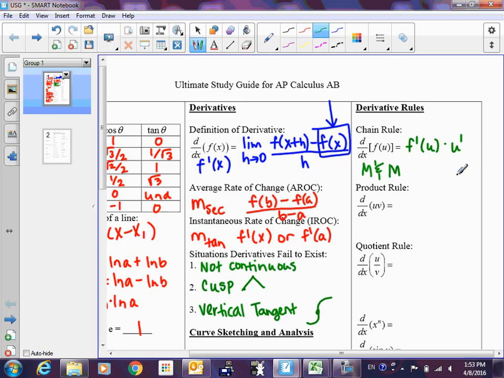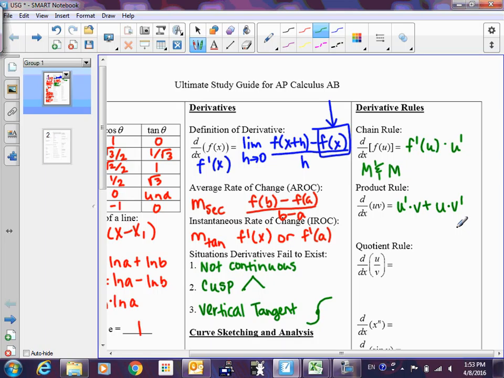Okay, what about product rule? So derivative of the first thing, that's where we start, times just regular v, plus u times v prime.